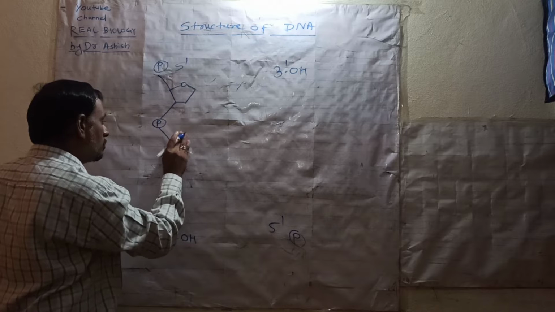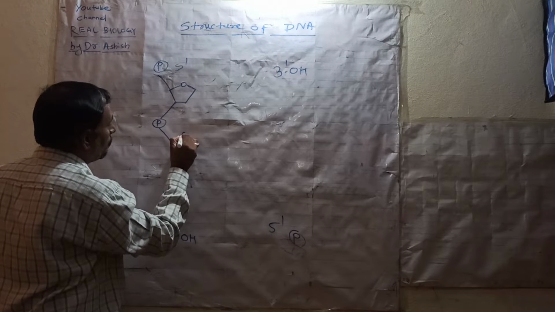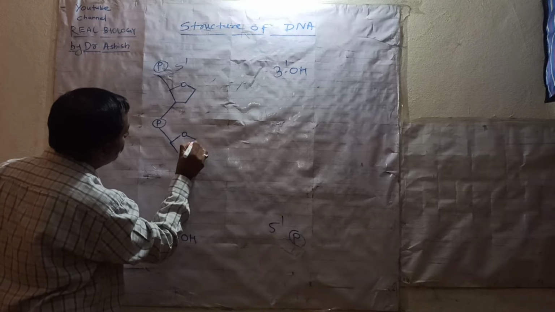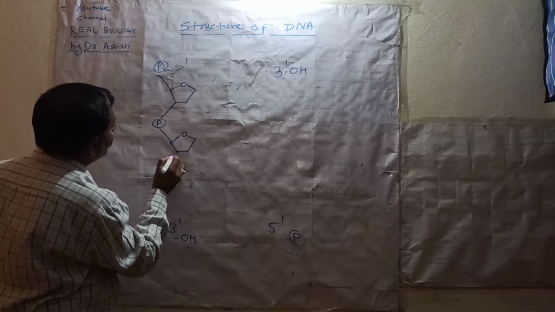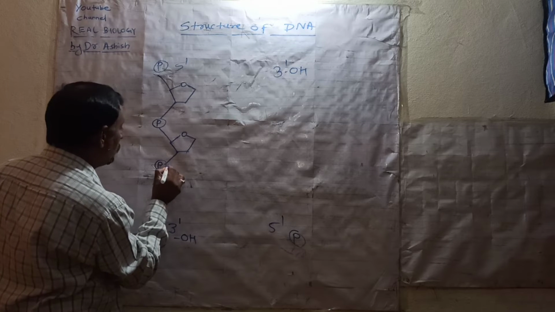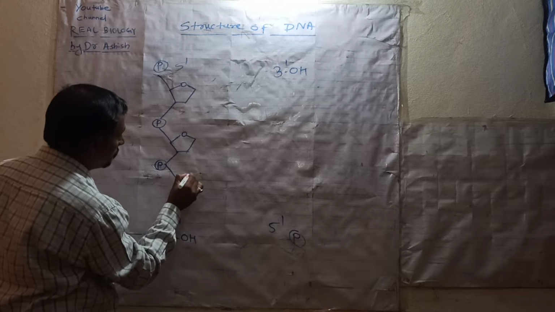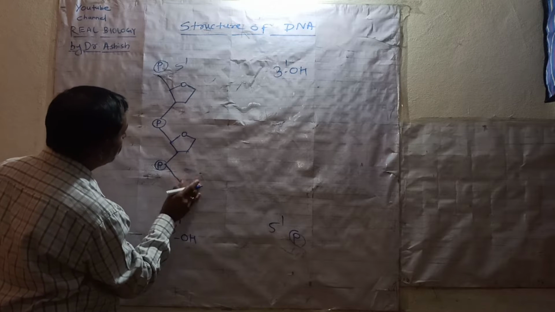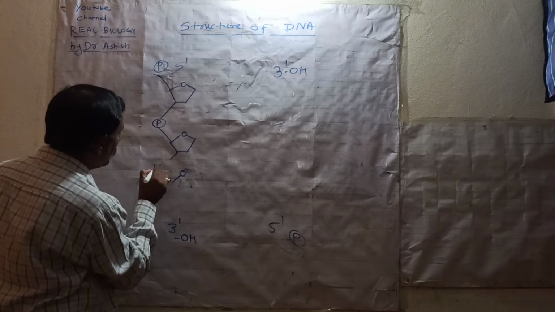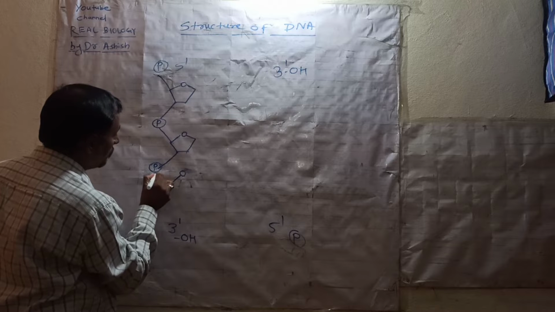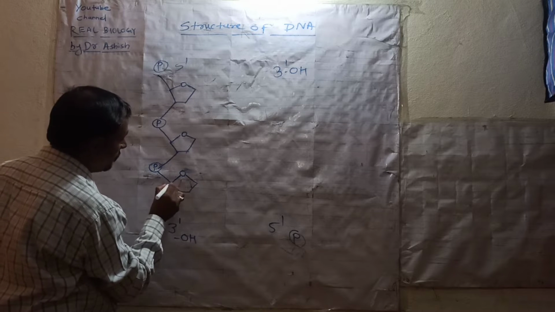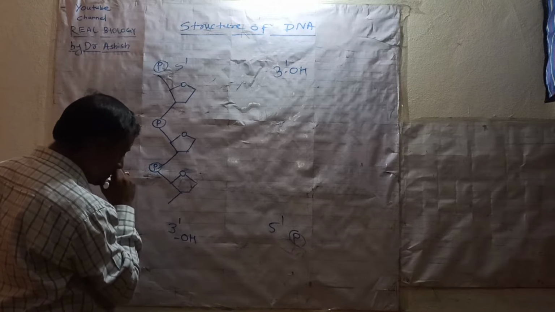Likewise, the structure continues. Phosphate, sugar, then again phosphate and sugar. Likewise, the phosphate is joined here, phosphate, again sugar, then again phosphate, then again sugar.